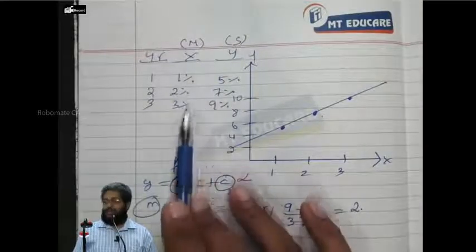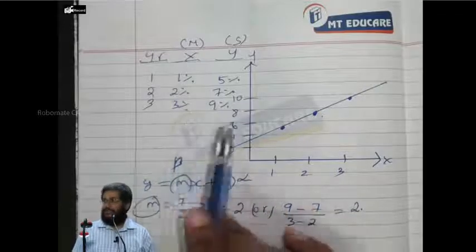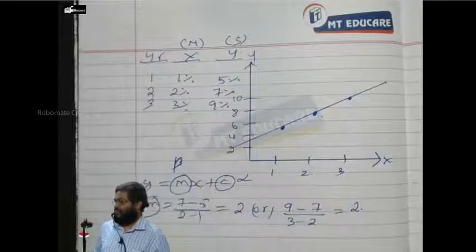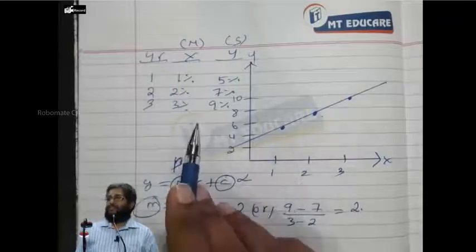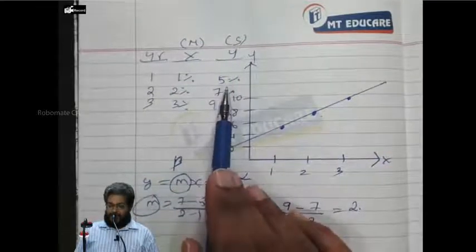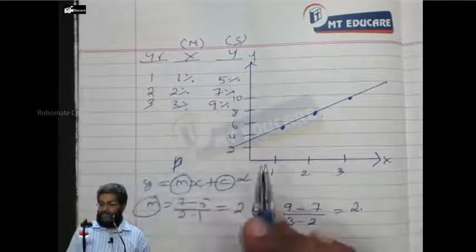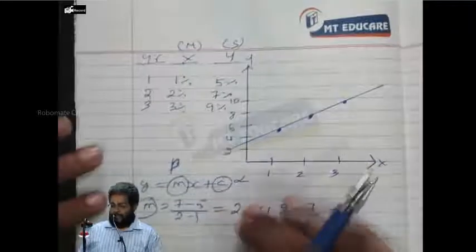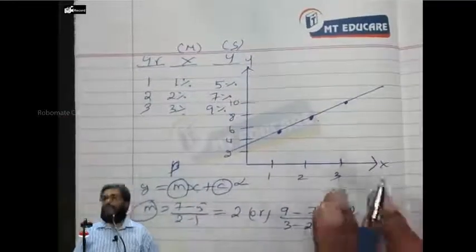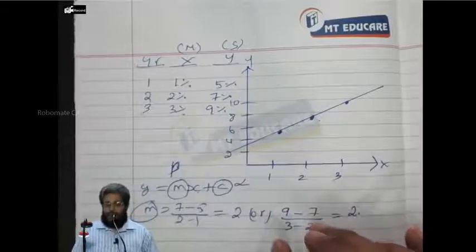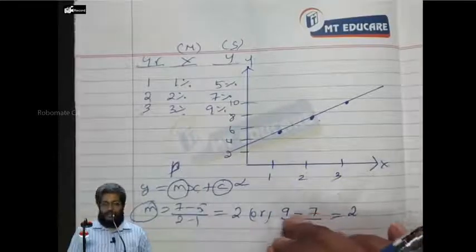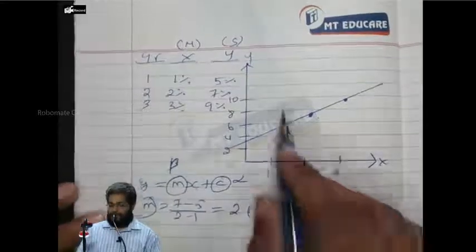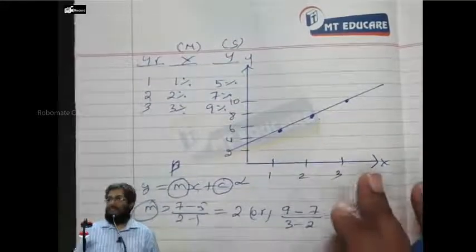X is 1%, 2% and 3%. Y is 5, 7 and then 9%. Just draw a graph and plot it. This is a graph.